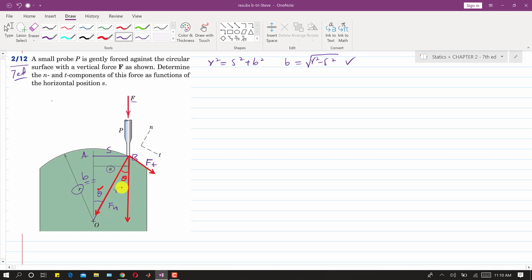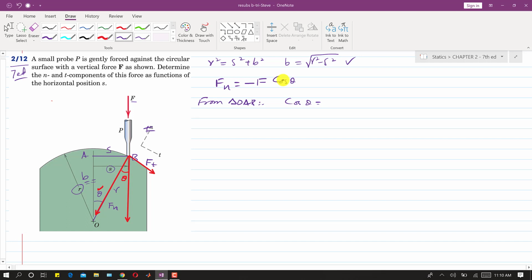The angle is made with F of N, so F of N will be equal to, and this is along the negative N direction, this is the positive N direction, so this is along the negative N, right? Then it will be minus F cos of theta. From triangle OAB, cos of theta is base divided by hypotenuse.